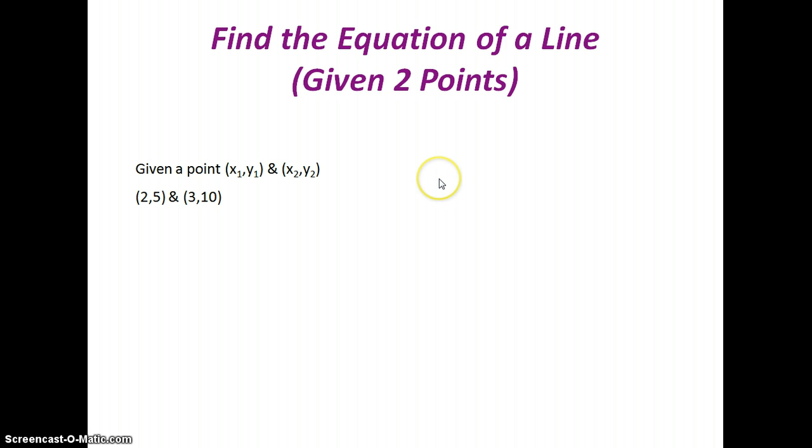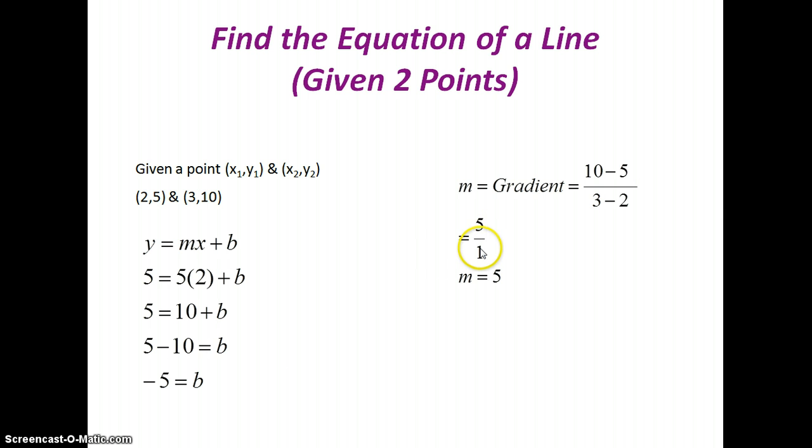So you're using gradient = (y2 - y1) / (x2 - x1). Substituting the values, the second point's y is 10, minus the y coordinate of the first point, which is 5, divided by the x coordinate of your second point, which is 3, minus the x coordinate of your first point, which is 2. Then 10 minus 5 is 5, 3 minus 2 is 1.